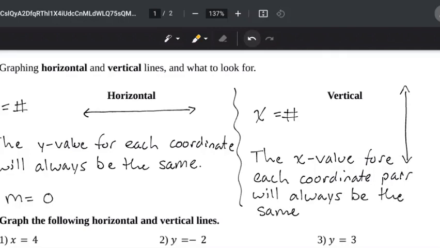So just like with horizontal lines, it's y equals the number, and that will always be your y value. We have vertical, which is x equals a number, and it will always be that number. And then a quick reminder, slope for a vertical line is undefined.